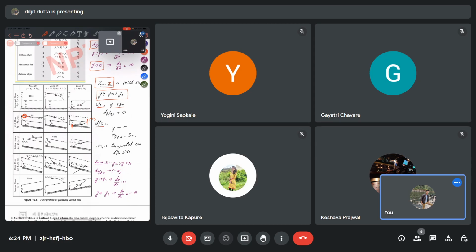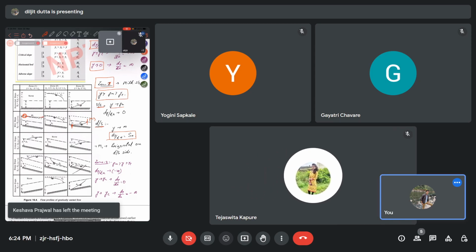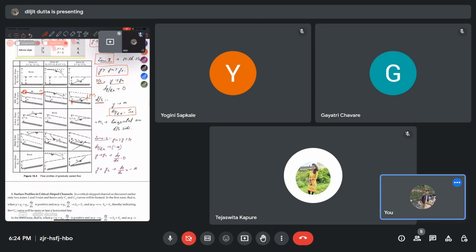So dy by dx will tend to s0, so that curve will approximately go to the slope s0 downstream. When the slope tends to s0, this means that the flow will be parallel to the ground slope.